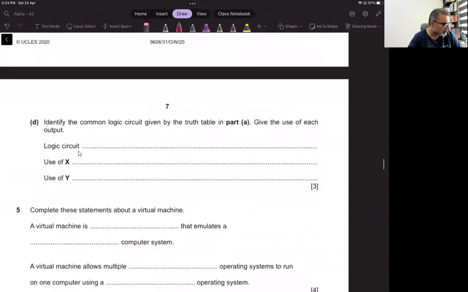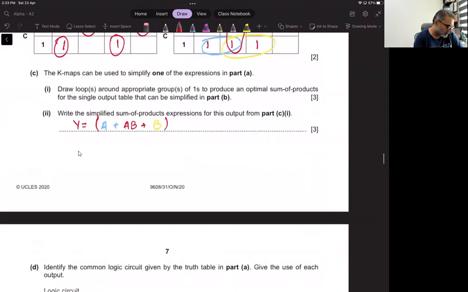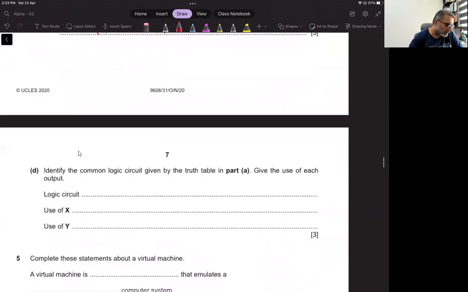Now, part D. Part D says identify a common logic circuit given by the truth table in part A, which part C we have covered, Mustafa. Part D, identify the common logic circuit given by the truth table in part A. Give the use of each output. Logic circuit is basically the one that we have is full adder.